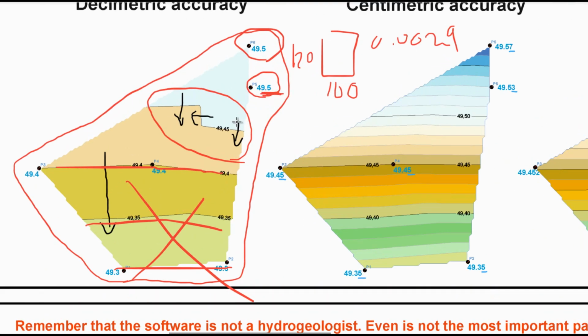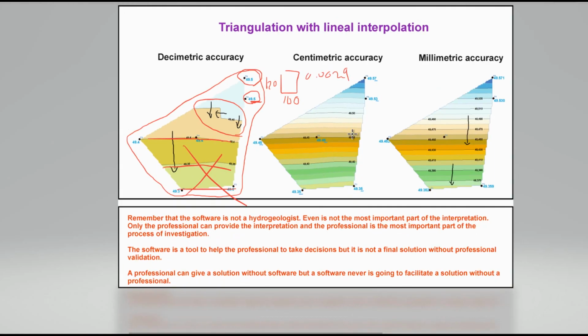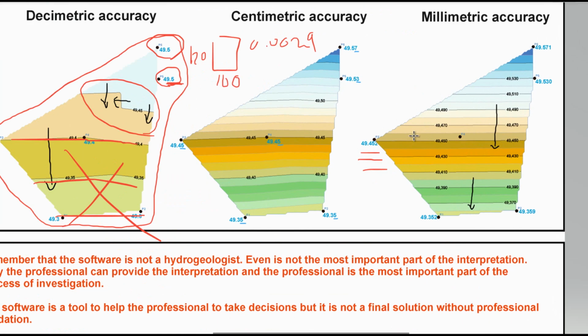And that also applies to centimetric precision. If your gradient is low, you cannot use centimetric precision. You have to use millimetric precision. I'm not going to say you can use nanometric precision, because you cannot, but you can do it in millimeters. I always do the vertical survey and the groundwater table measurement in millimeters, and it's not difficult.